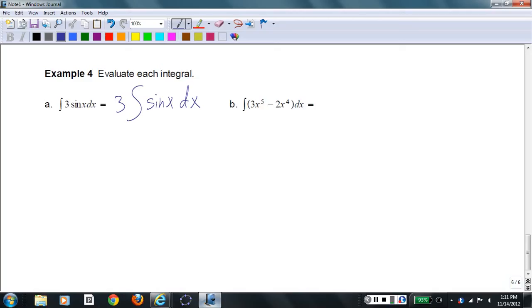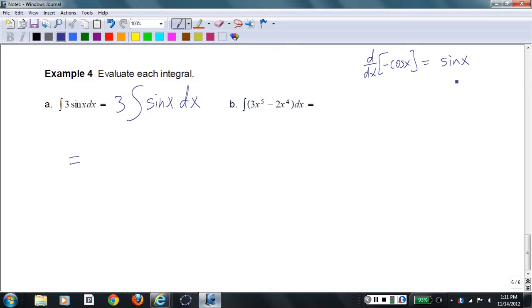So what can we take the derivative of to get sine x? Negative cosine x. If we take the derivative of negative cosine x, d/dx of negative cosine x equals sine x. Yes, it does. It's the negative of the negative sine x.